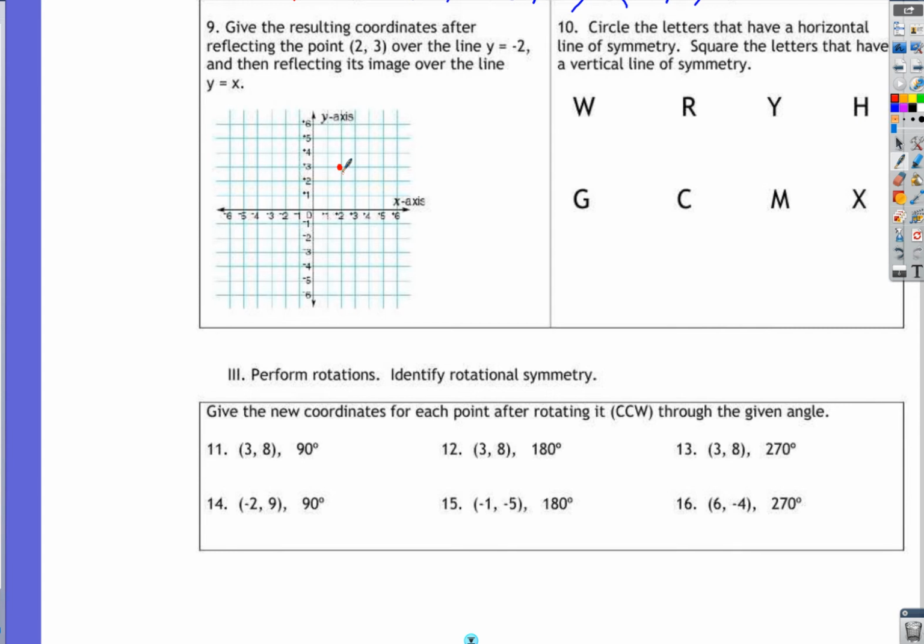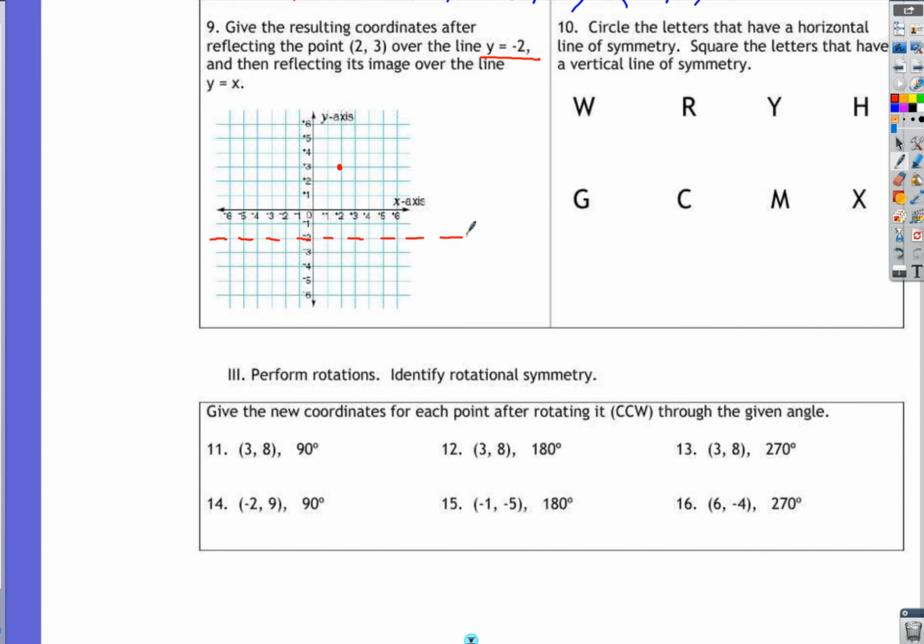Good. I'm not done. Now I'm going to reflect over the line y equals -2. I didn't reflect yet. All I did was put my point down. So now I'm going to find where y equals -2. That's my line of reflection.